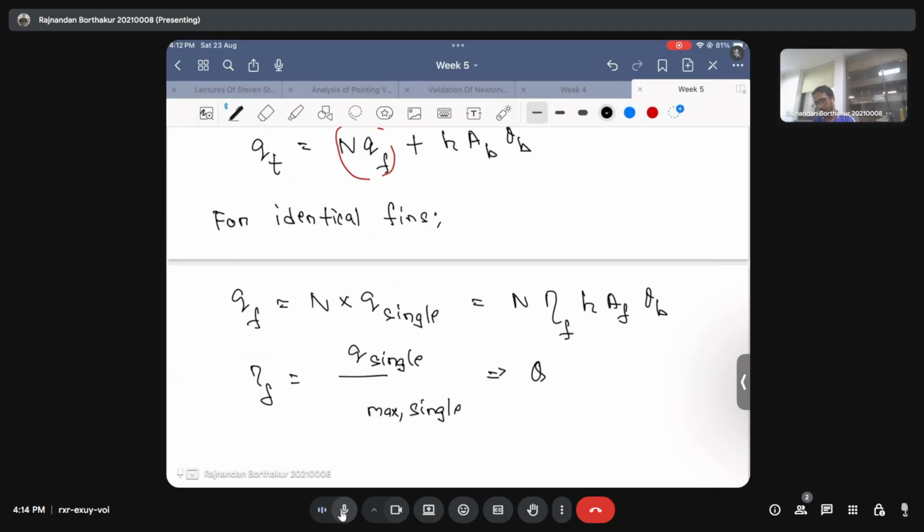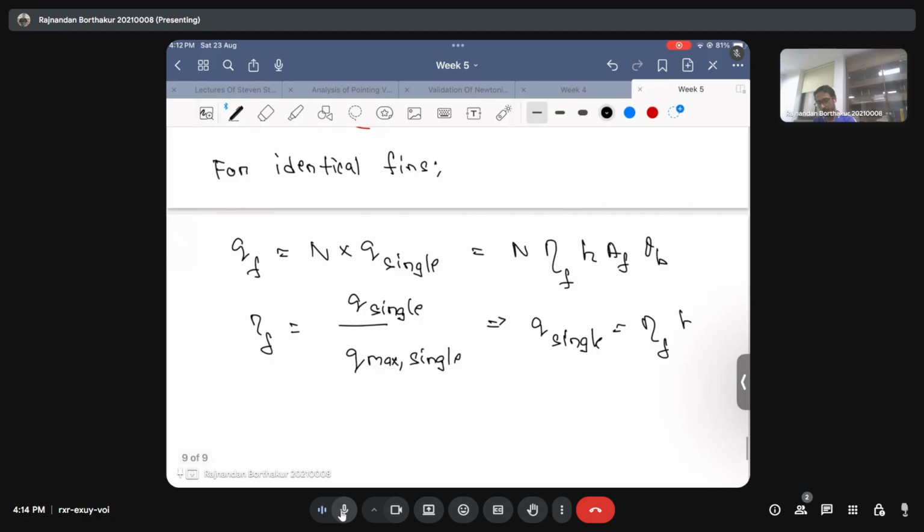Please don't confuse, these are just rates of heat transfer. So the rate of heat transfer from a single fin is equal to your fin efficiency times the maximum rate of heat transfer from a single fin, which is h times Af times theta b. This is when the entire single fin is exposed to the base temperature, and from here we are writing this expression.